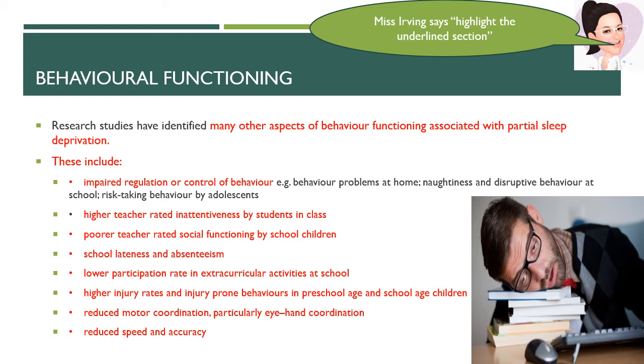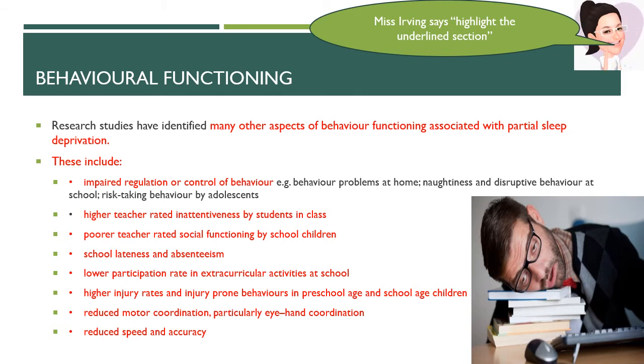So kids are actually refusing to do additional activities because they're afraid that they might do something wrong, or they're just too tired and fatigued in order to do it. There's higher injury rates and injury-prone behaviours in preschool and school-aged children because they're not paying attention. So they make mistakes.